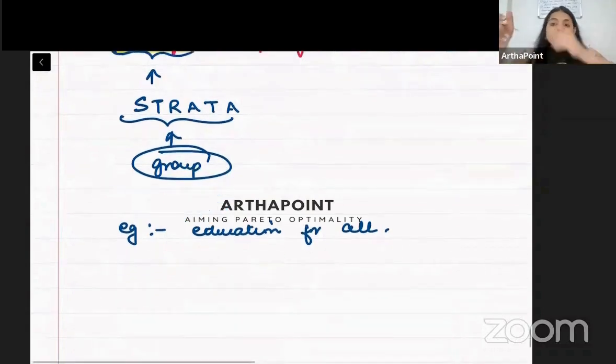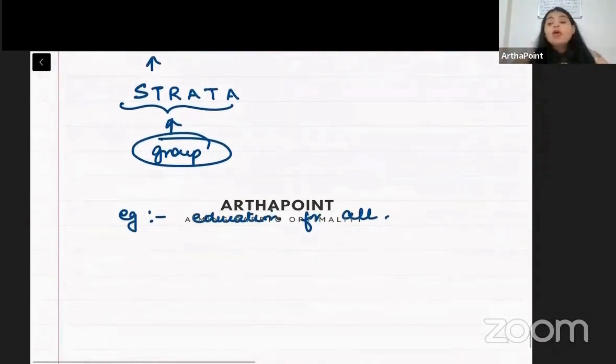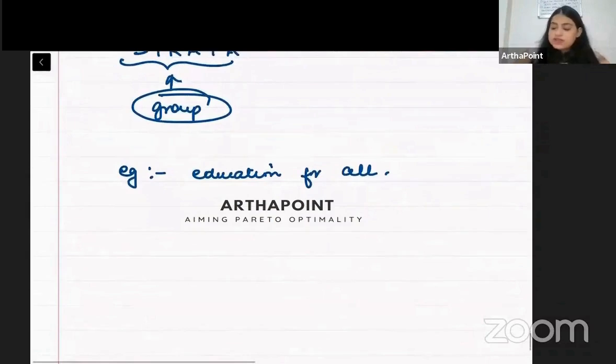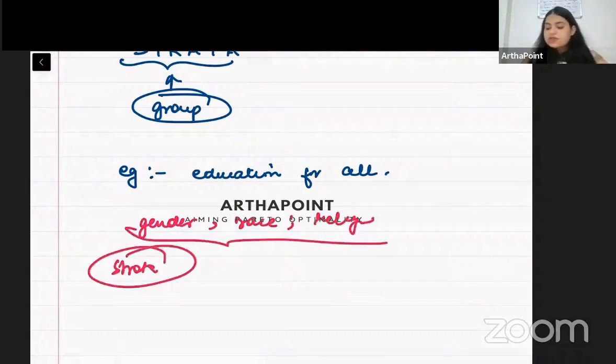So when I talk about stratified sampling, I want that whenever I create my conclusions, it should be representative of all the sectors of the population. Just for example, I should be able to represent all the genders, all the race, all the religions. So I can create strata on the basis of any of these.